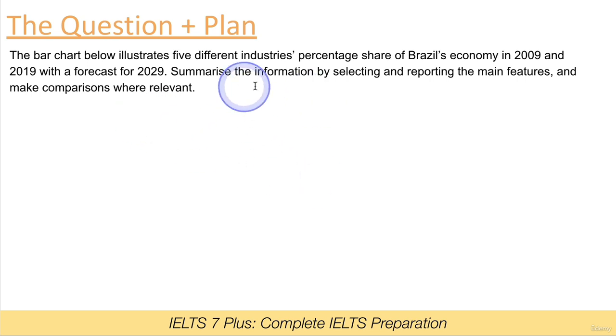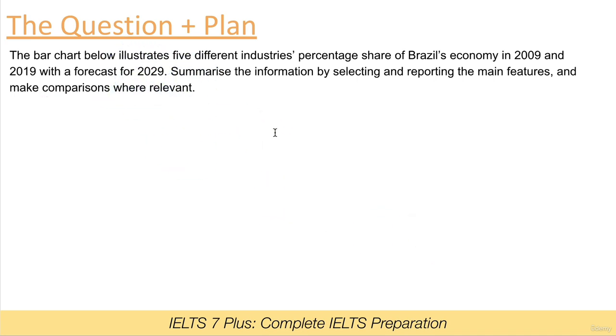Okay then, so we are being told how to answer this question. We need to select and report the main features. So not every single feature. We are just going to look at the most striking or important ones. And we're also going to make comparisons, again, where relevant.